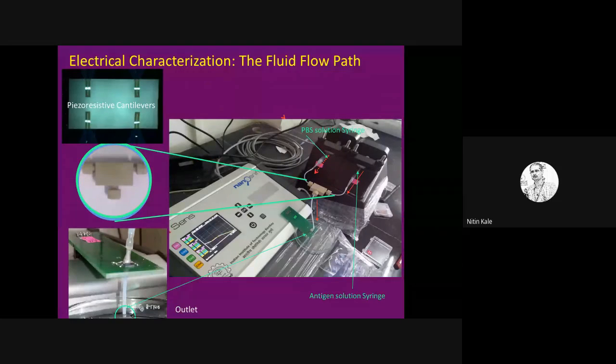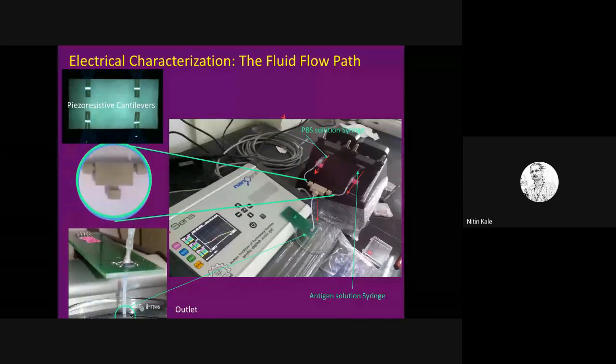What is typically done is, first things are what is called equilibrated. So you flow the liquid through the cantilever for some time, the resistance stabilizes, and then you push in the antigen solution, the thing that you are interested in.